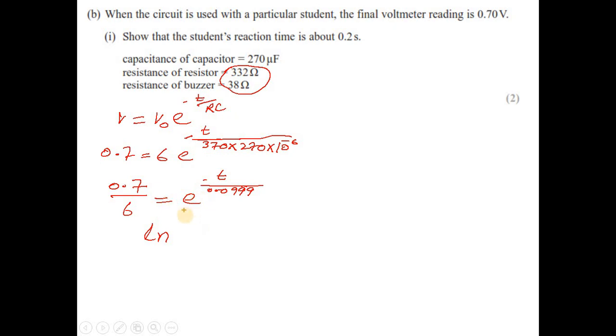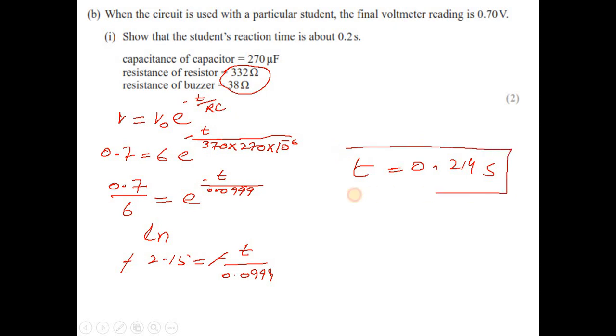Once you apply ln, calculate ln of 0.7 divided by 6, your answer will be minus 2.15, which is equal to minus T by 0.0999, as the e is gone due to ln. The minus is gone, and then T will give you 0.214 second. So it is approximately 0.2 second.